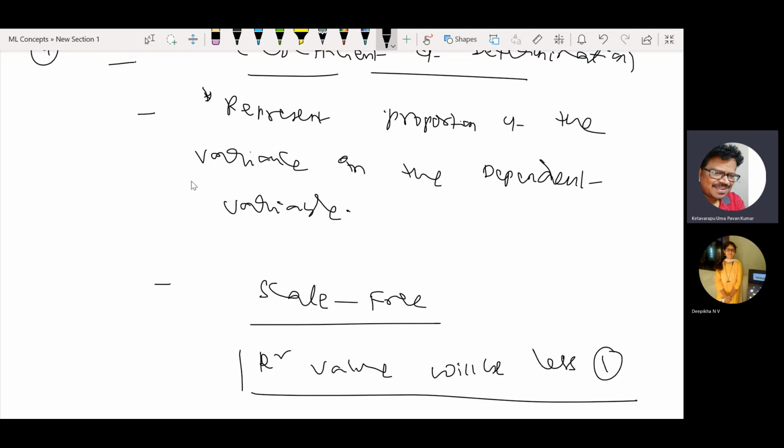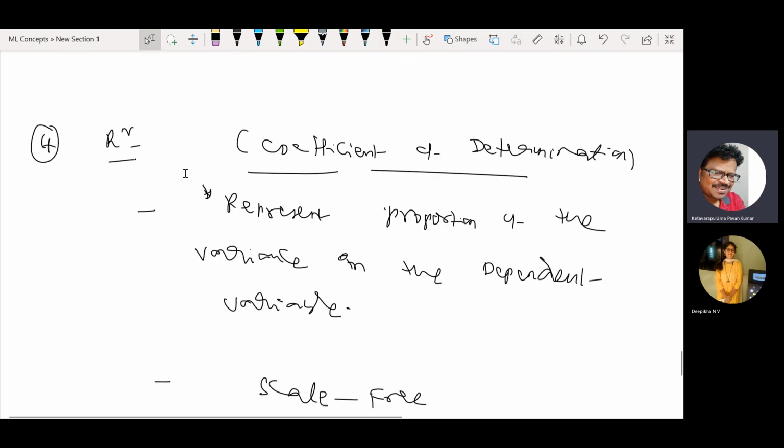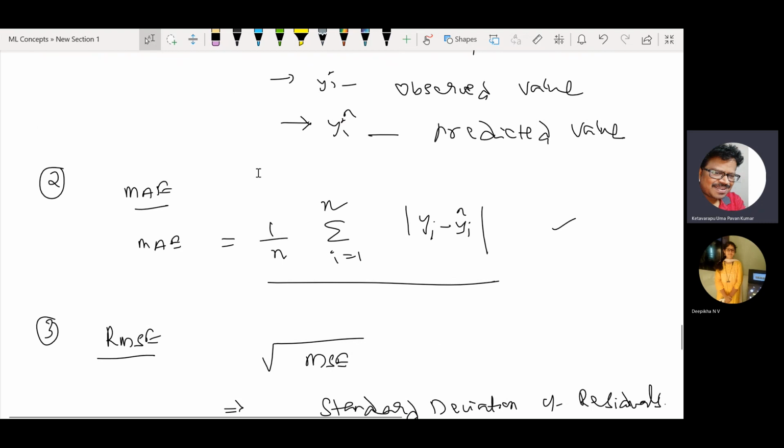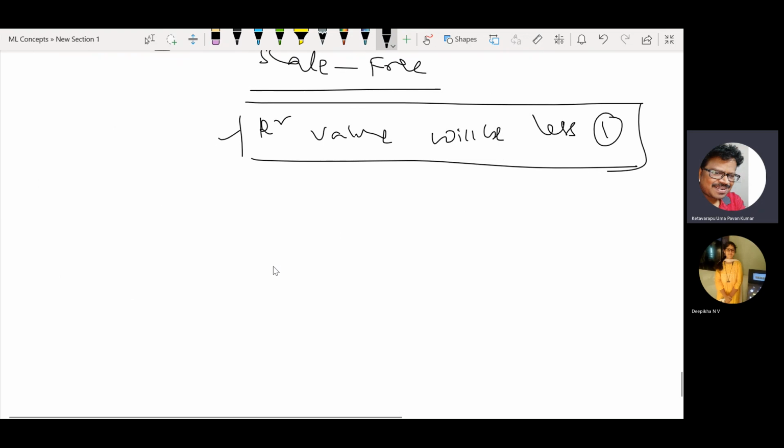Sometimes they may ask you to identify the correctness of an R square value, then you should stick to your basics: R square value will always be less than 1. You may ask me, you have given the MAE definition, the RMSE definition, now what is R square? I'm coming to that. Just have a look at this, guys.